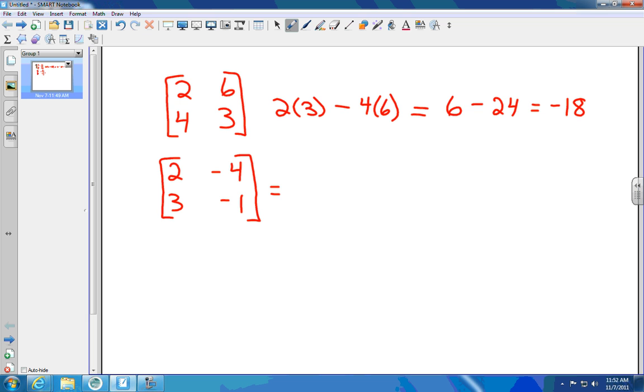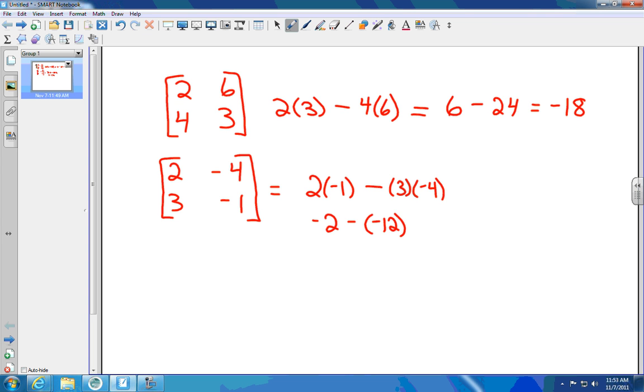So like for this 2 by 2, what's the first thing you'd multiply? 2 times negative 1 minus, and what would you multiply? 3 times negative 4. So again, you just have to mind your positives and negatives. So it's going to be negative 2 minus negative 12.